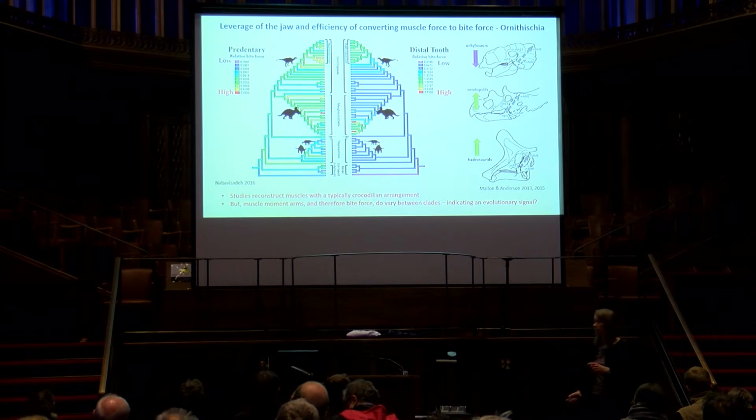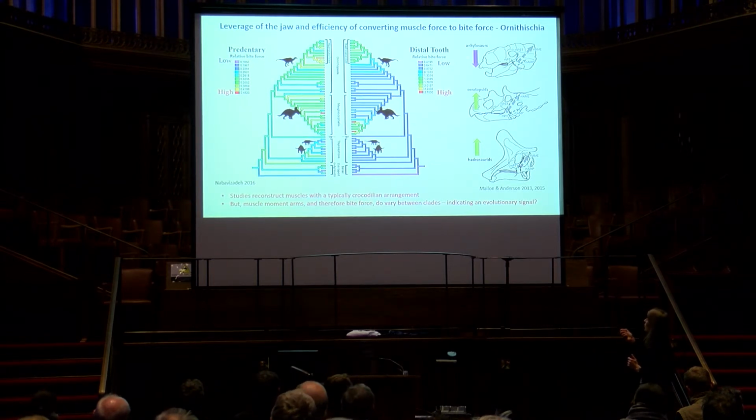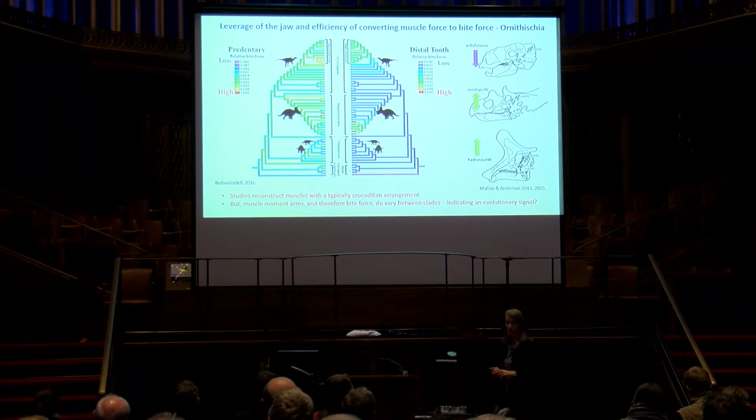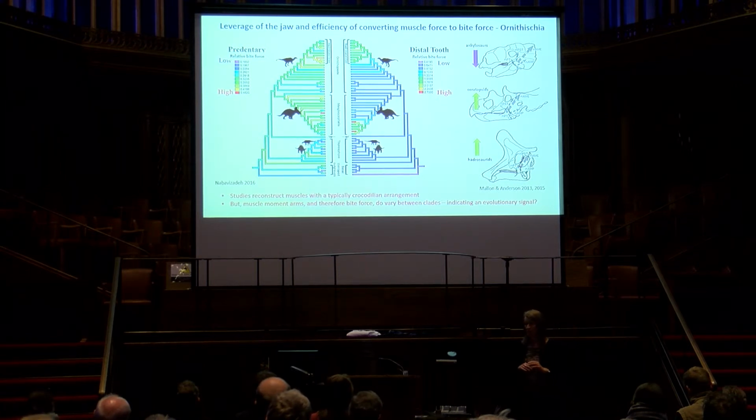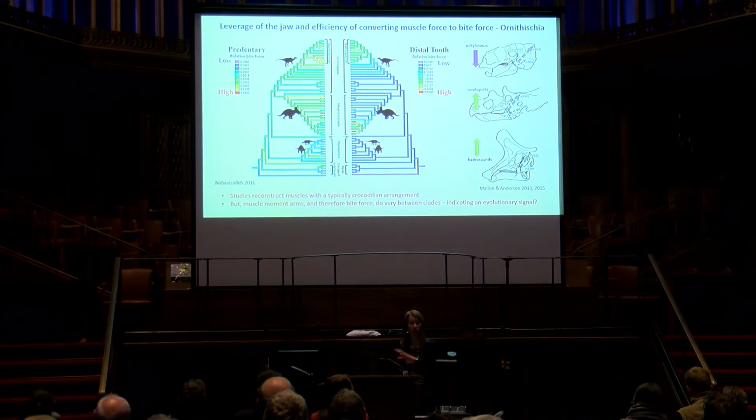Mallon and Anderson, for example, also found that ankylosaurs down here within the thyreophorans have a relatively low leverage in their jaws, whereas the ceratopsids and the hadrosaurs had a fairly high leverage, the same as this study actually found here. So despite reconstructing muscles with this general plesiomorphic muscle condition, muscle moment arms, and therefore the relative bite forces and leverage, are varying between clades, indicating that there's perhaps some kind of functional driver causing this variation.